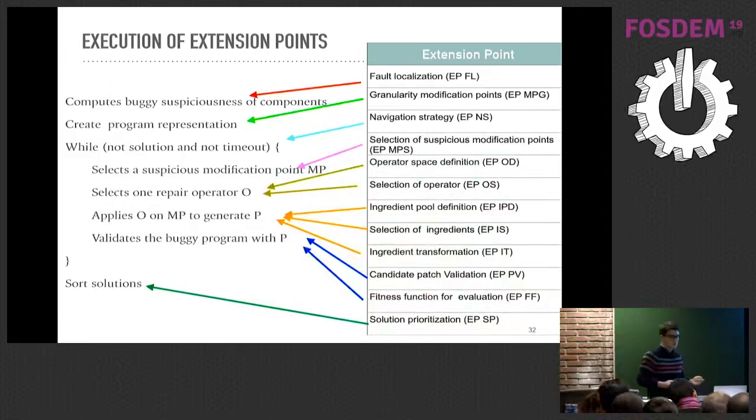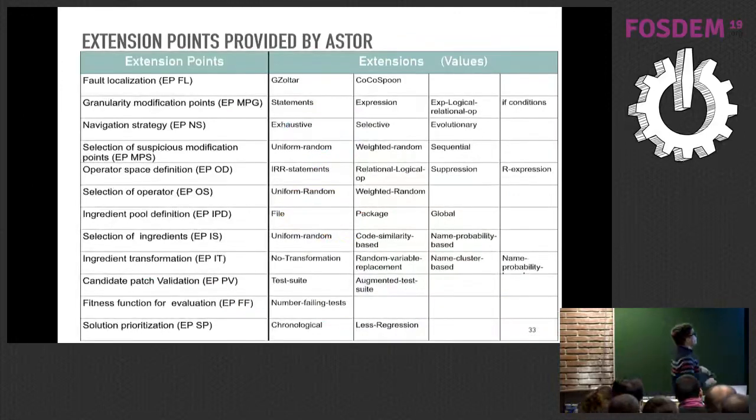In the program representation, we can say, instead of working at the level of statements, we can work at the level of expressions. Then we can say we have these new repair operators. This is the list of extensions that we provide. For instance, for localization, we have 2 implementations. The list of operators that we provide, etc.